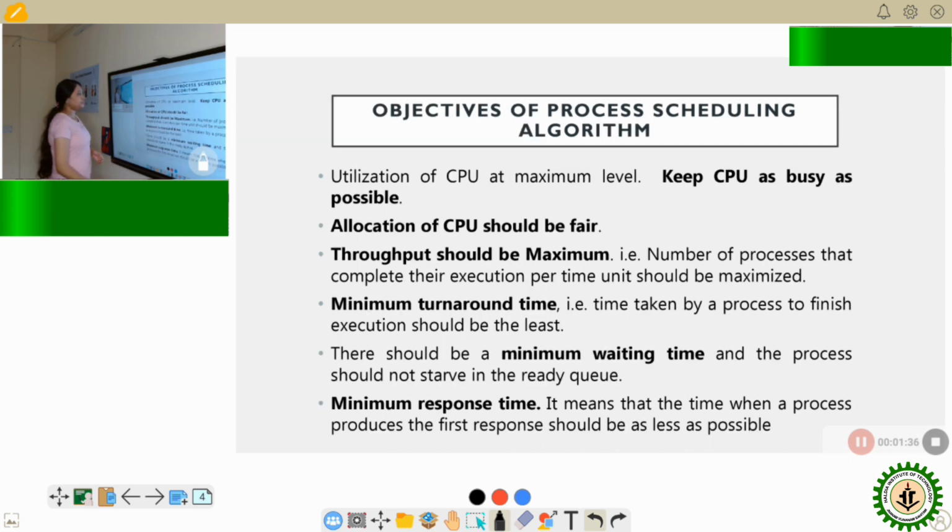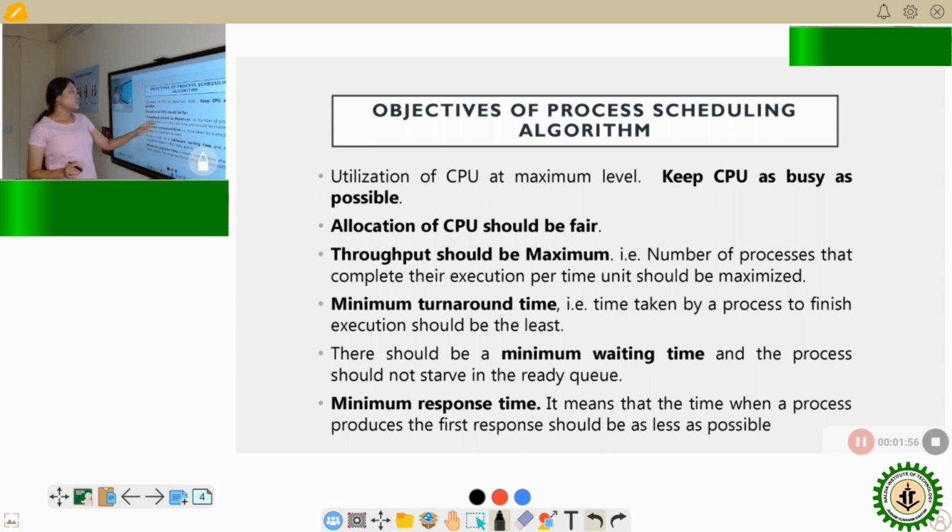Next, what is the basic objective of our process scheduling algorithm? Utilization of CPU at its maximum level, as we have to keep the CPU busy as much as possible to utilize it fully and get the maximum throughput.